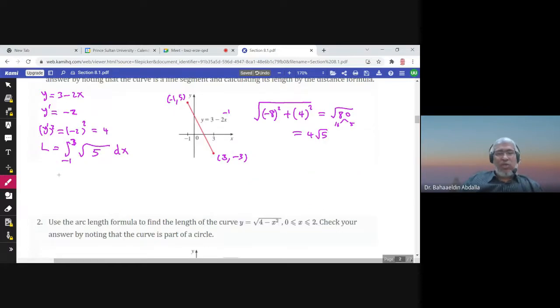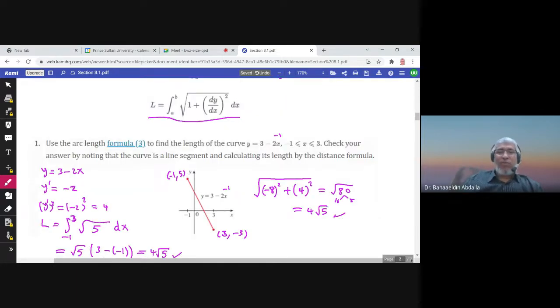So the integration would be square root of 5 x, where x runs from 3 minus 1, or you can use the formula. We have a formula, square root of 5 times b minus a. 3 plus 1 is 4, so the integral is equal to 4 square root of 5, which is also the same result we got when we used the distance formula.